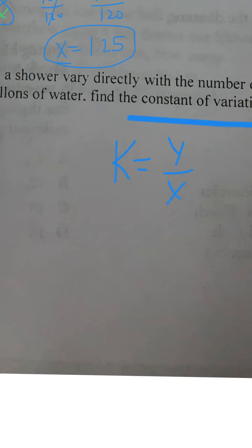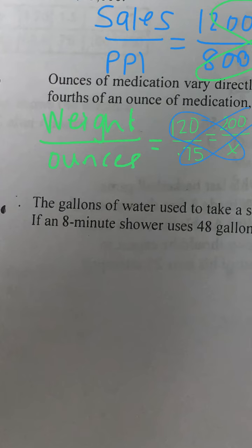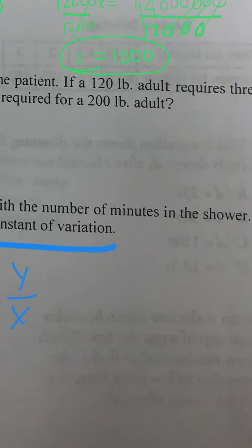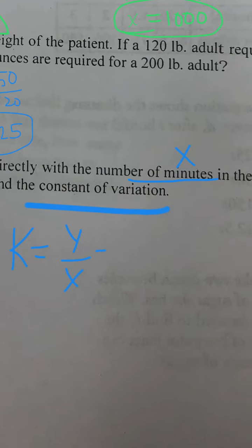So this right here, gallons of water, is the first thing, and that's my Y. Think about it like Y equals MX plus B. Y comes first, and then number of minutes is going to be my X. So my constant of variation is Y, which stands for gallons, over minutes.